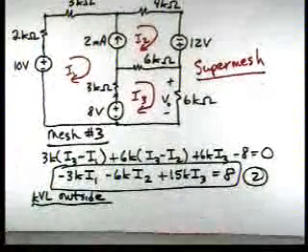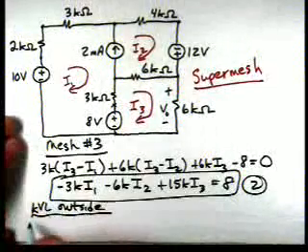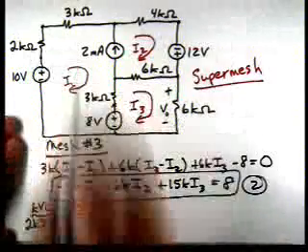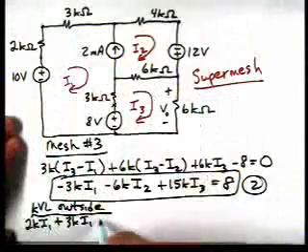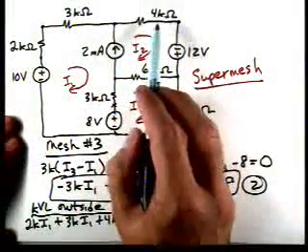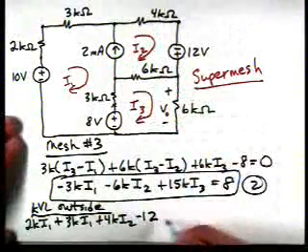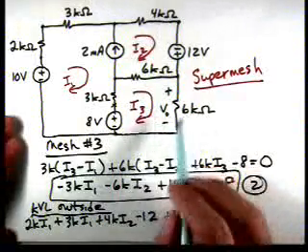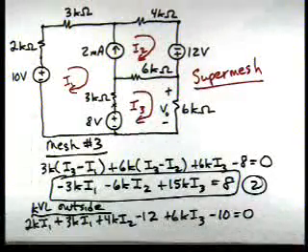Okay, so for the outside, we'll have 2K I1, so drop here, 3K I1, so drop here, then we'll have 4K I2, there's a drop here, we'll have minus 12 for this source, okay, for here we'll have 6K times I3 for this one, and then if we come around, we'll have a minus 10 equal to 0.